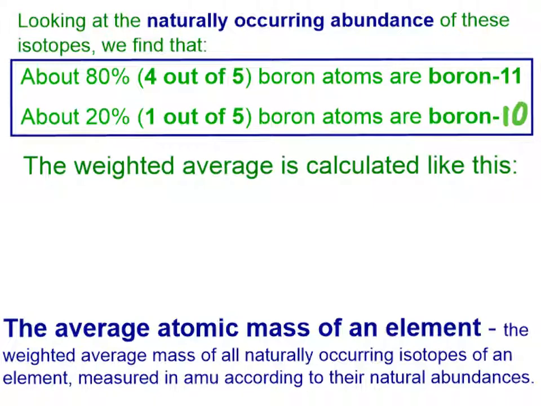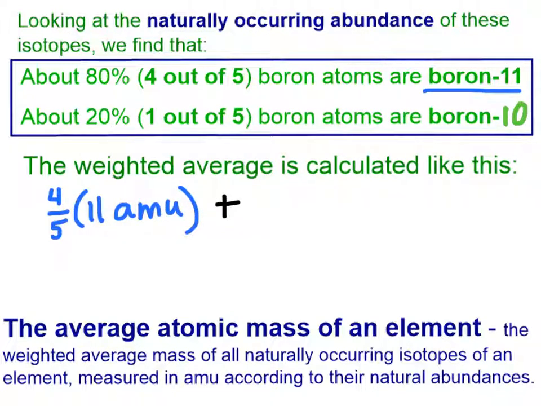And we calculate a weighted average in this way. 4 out of 5 boron atoms are boron 11. So we multiply 4/5 by 11 atomic mass units. Then we're going to add the weighted fraction for boron 10. 1 out of 5 of the naturally occurring number of boron atoms is boron 10.